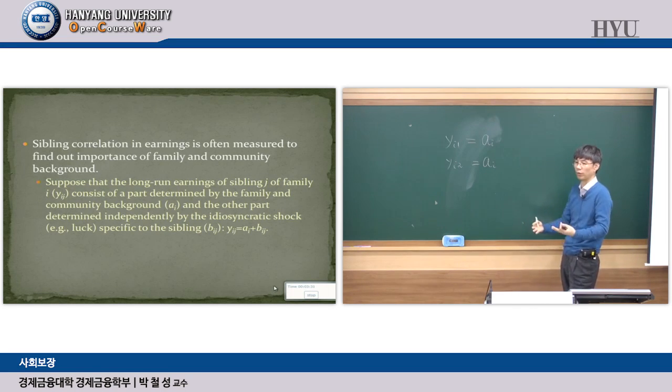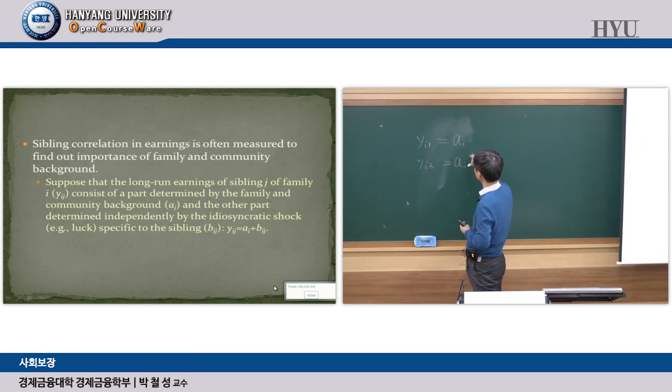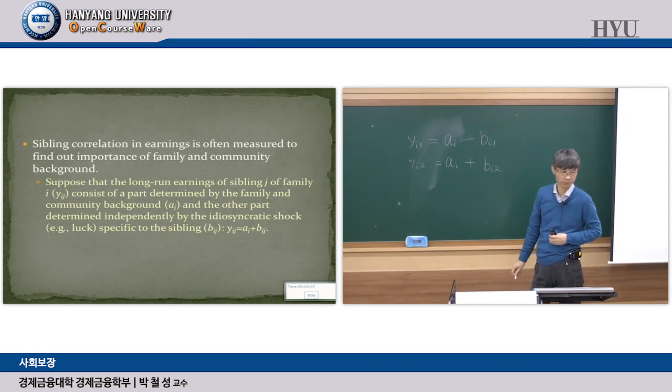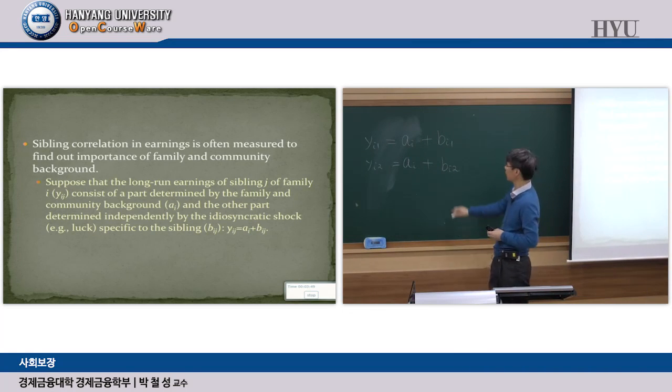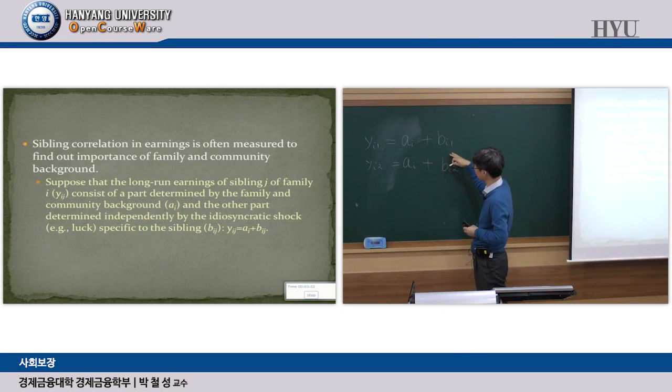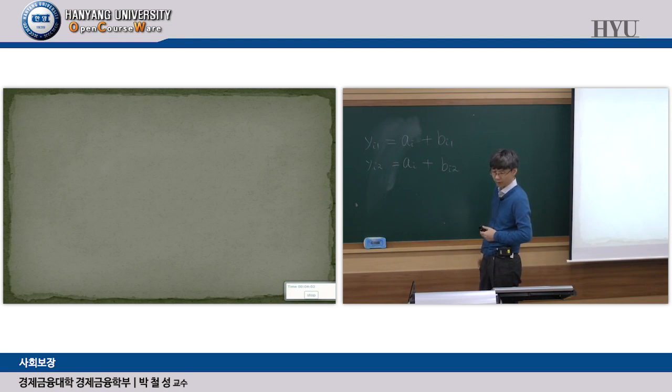They are exposed to the same family and community, so it's a common factor. And then we can think of his own factor, Bi1, Bi2. So this is the shared one, and these are the individual ones.